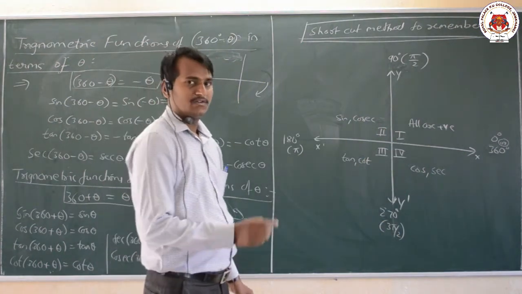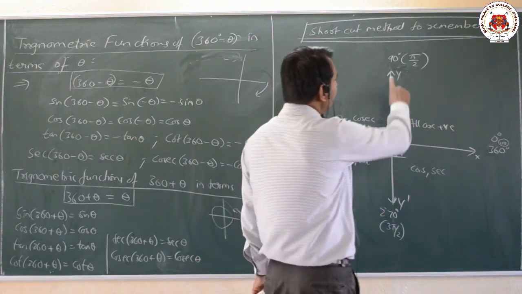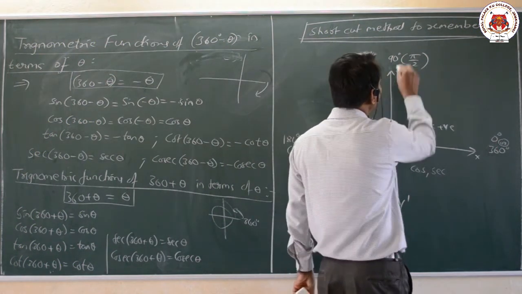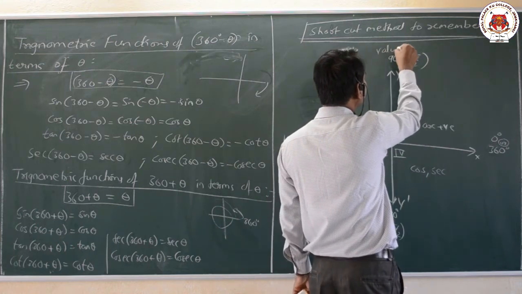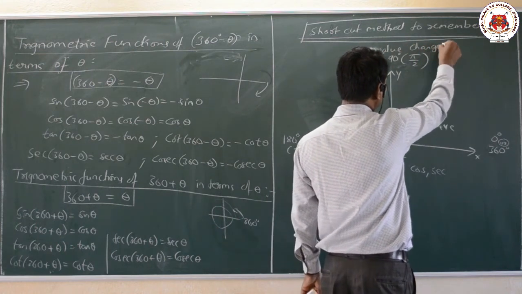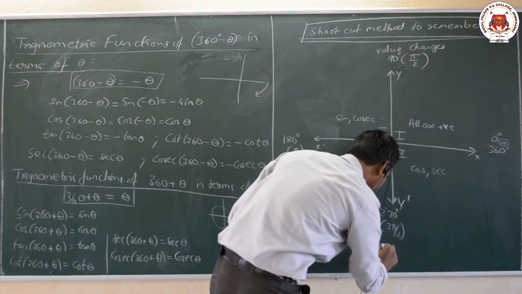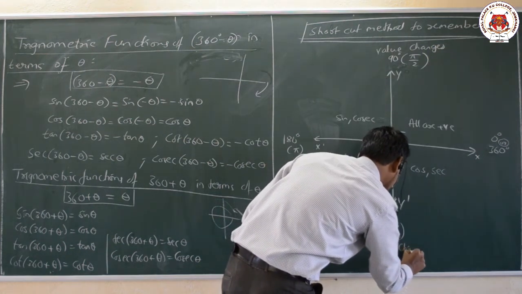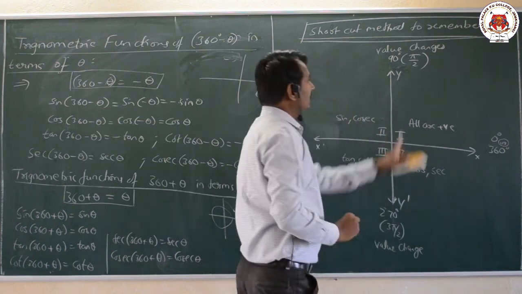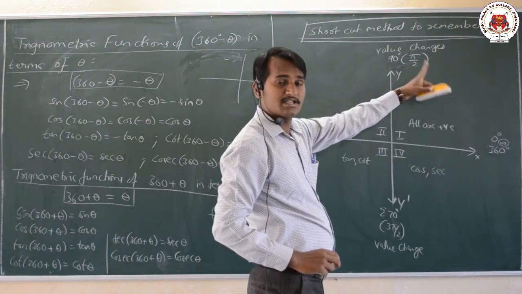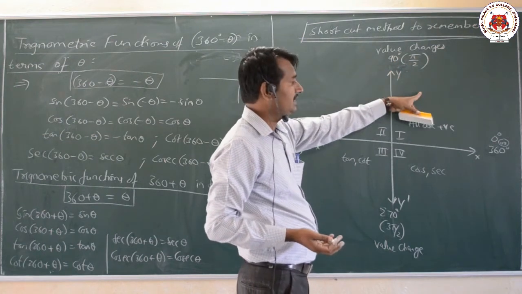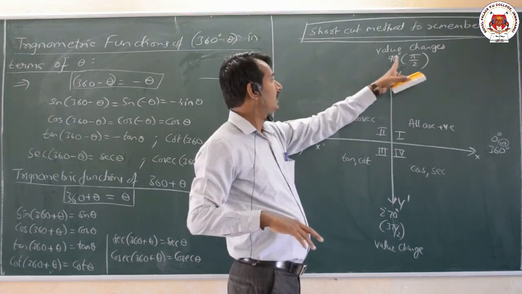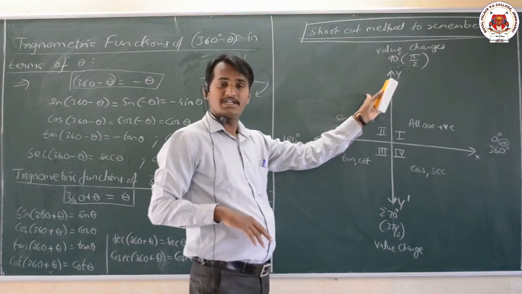Now let us begin our discussion. The first thing is 90 minus theta. Now here at the north and south poles, the value changes. That means 90 plus theta, sine of 90 plus theta becomes cos. 90 minus theta, sine becomes cos, cos becomes sine, and 90 plus theta, the value changes.